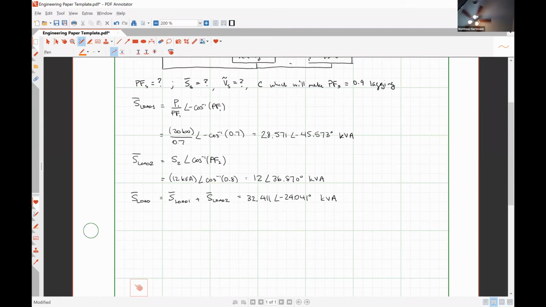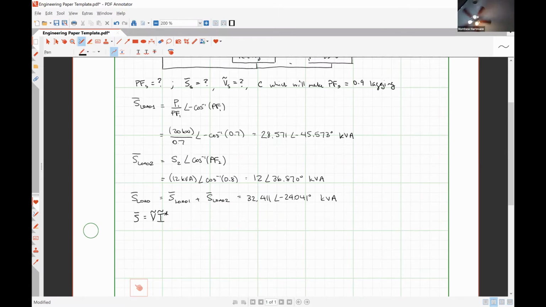So we know that the complex power absorbed by a load or a combination of loads is equal to the RMS voltage phasor multiplied by the complex conjugate of the RMS current phasor.